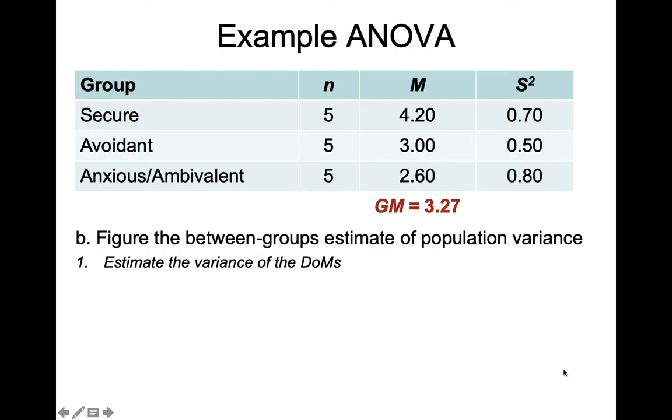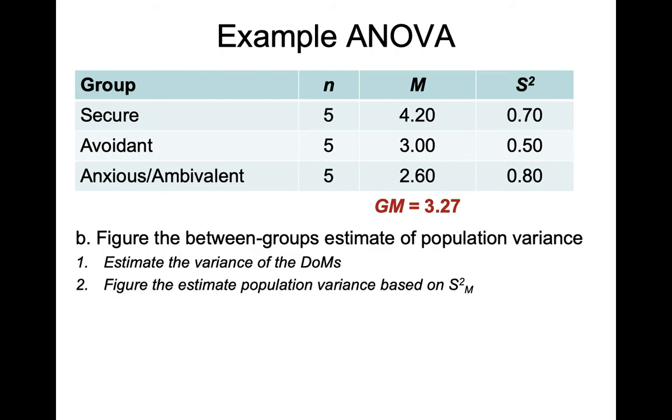Now what we have to do is a second step, which is to figure out the estimated population variance based on the variance of the distribution of means. We do that by rearranging our previous formula that we've been using under Rule 2a of the central limit theorem.